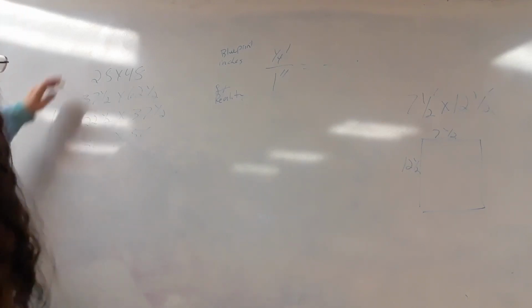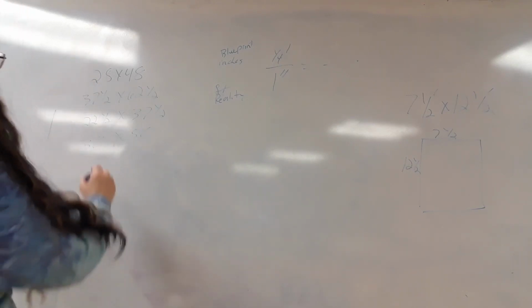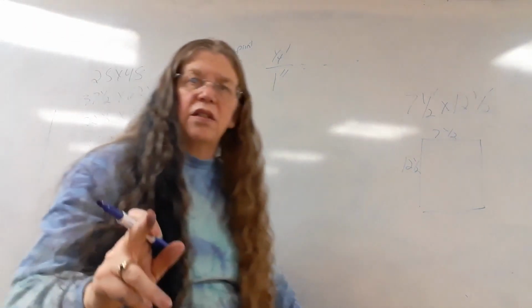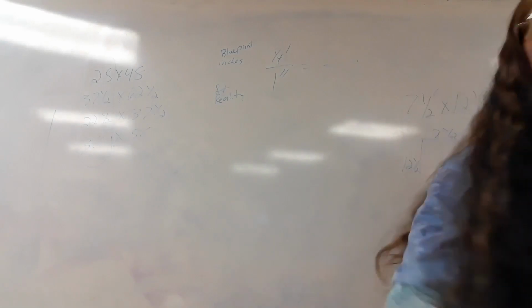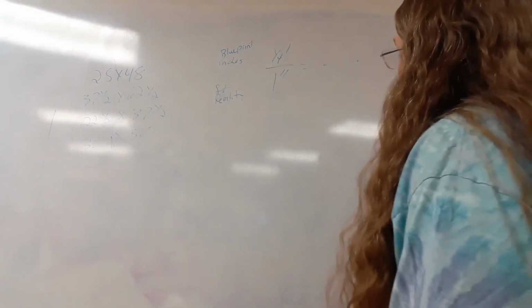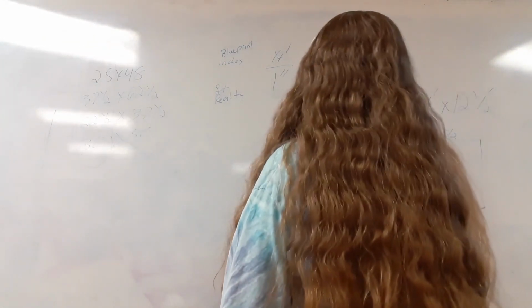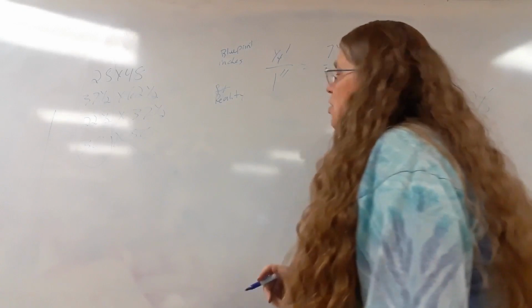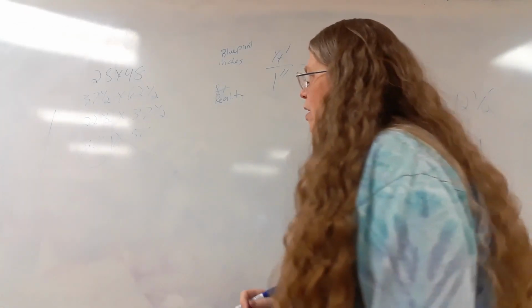Okay, because all of these numbers are different, we only have to run it once. Okay, we just have to do the 7.5, and then we can find our answer from that. Okay, we want to know how big it is in reality, and it is 7.5 inches on the blueprint.